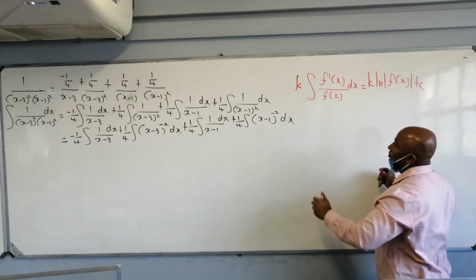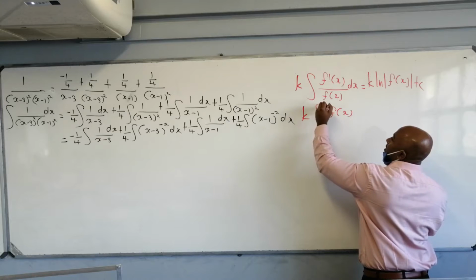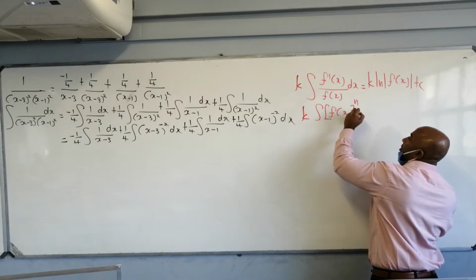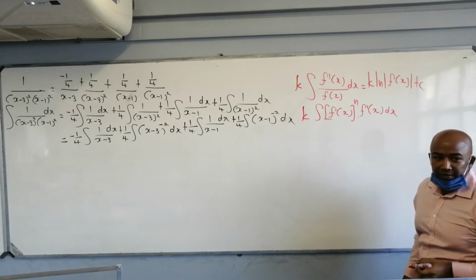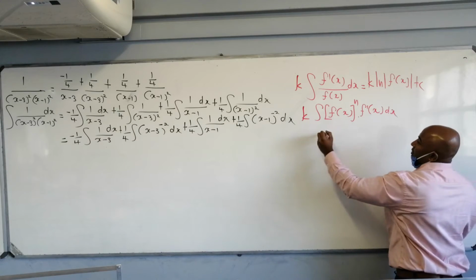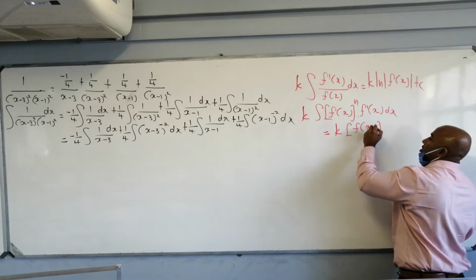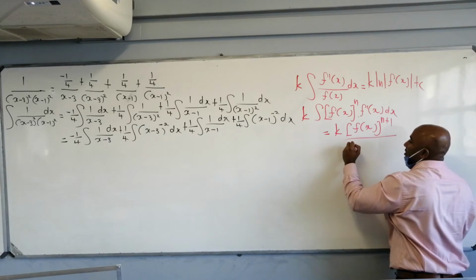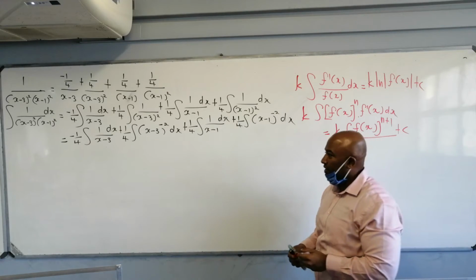Then term 2 and term 4, we are dealing with f of x to the power n times f prime x, which is equal to k f of x to the power n plus 1 all over n plus 1 plus c. The first two types come up in N5.